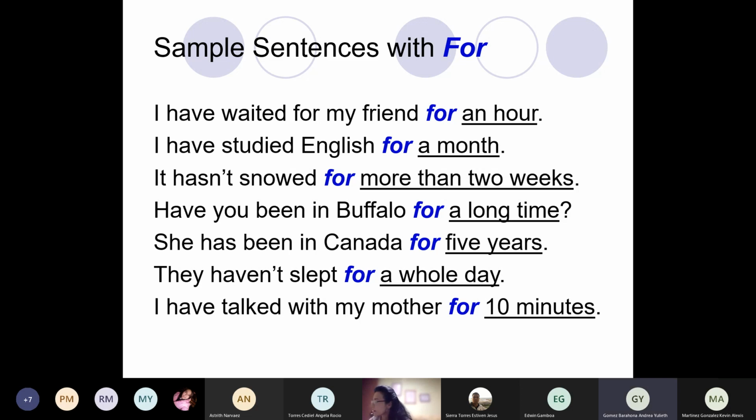Okay, maybe you don't have this connection. Hello, Luis Haber Arias. Can you read the sentence number 2? I have studied English for a month. Very good. The pronunciation is studied. I have studied.